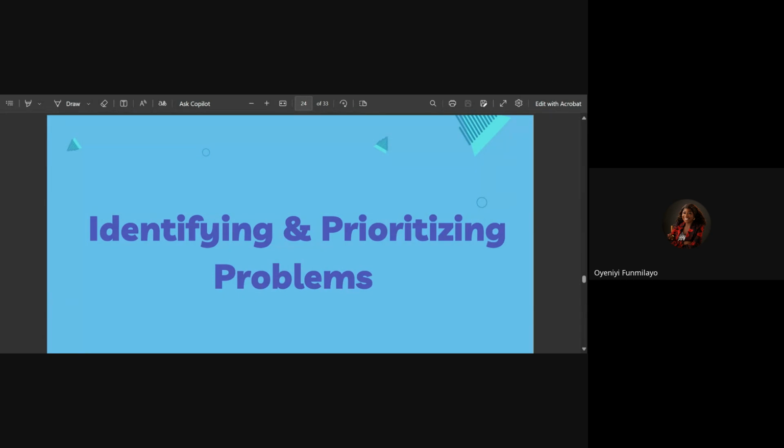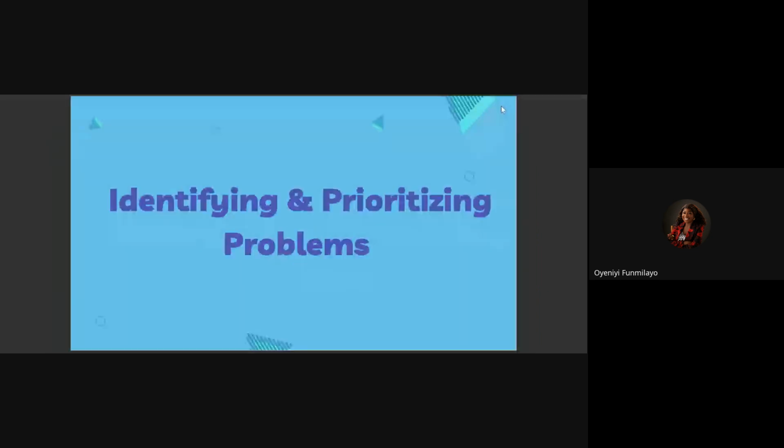So this will be the last topic, and it's identifying and prioritizing problems. Now we've been able to talk about doing the user research. We've been able to understand that this user research helps us solve the users' pain points.